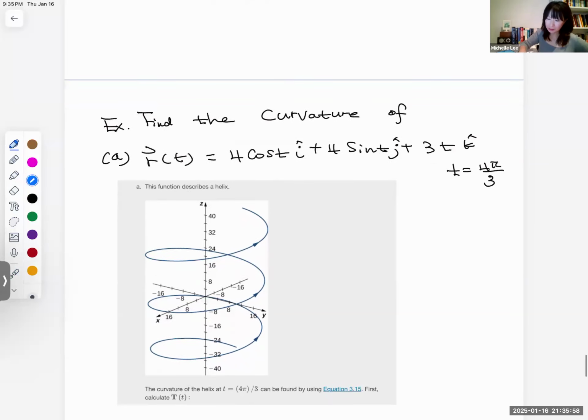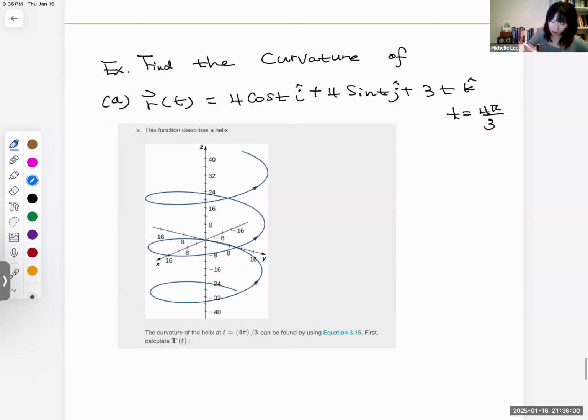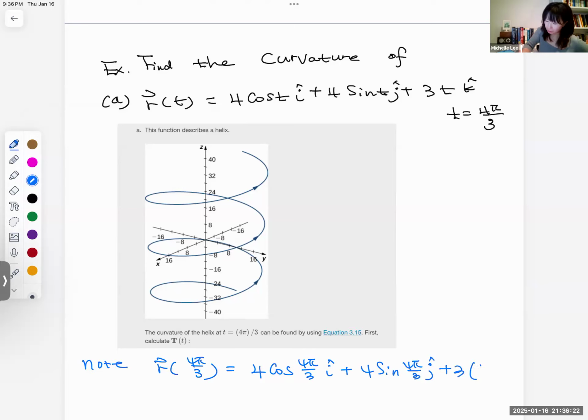For your reference, let's note r of 4 pi over 3: 4 cosine 4 pi over 3 i hat plus 4 sine 4 pi over 3 j hat plus 3 times 4 pi over 3 k hat.